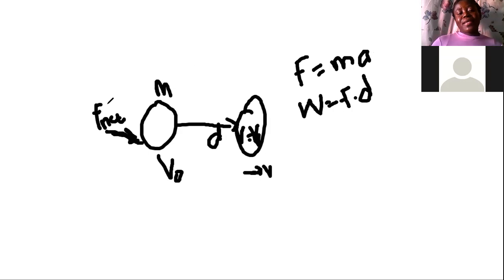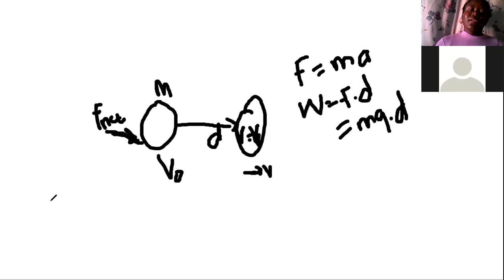So how much work is done by this object as it moves from this position, with the initial velocity, to that position with that velocity, under the influence of that net force? Here we have our force, so the work is equal to the mass times the acceleration times the displacement.